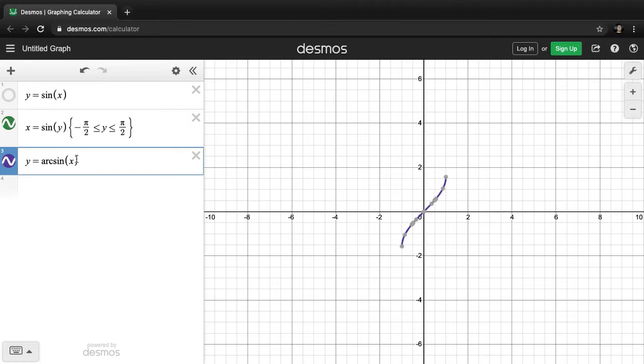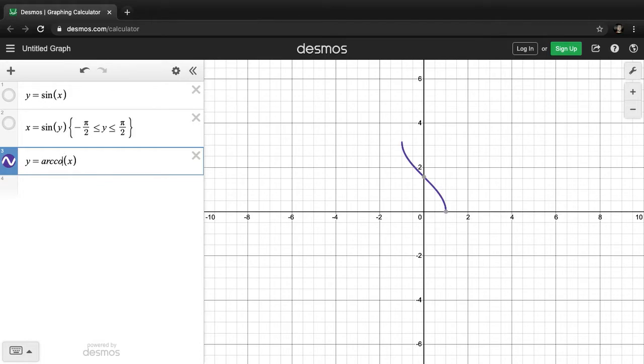And then arc cosine goes from 0 to pi. Again, if I were to go below 0, it would start to go back on top of itself. So that's why it's not the same range.